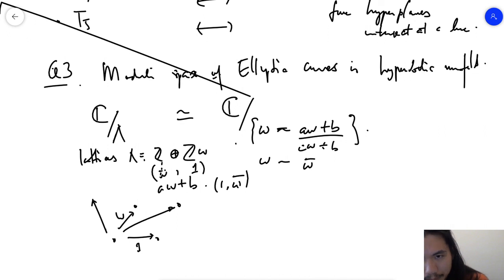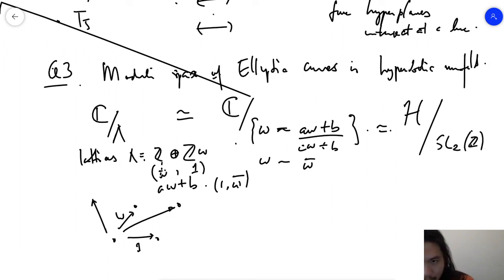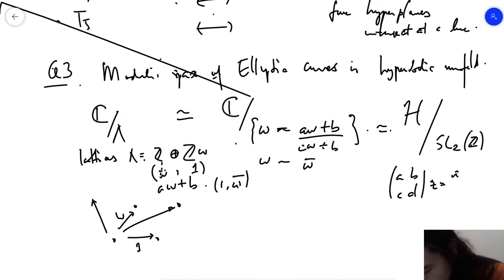But one can show that this is isomorphic to H, the upper half plane, and this second condition is equivalent to the action of SL2(Z), where a matrix acts on the upper half plane by the Mobius transformation as usual.